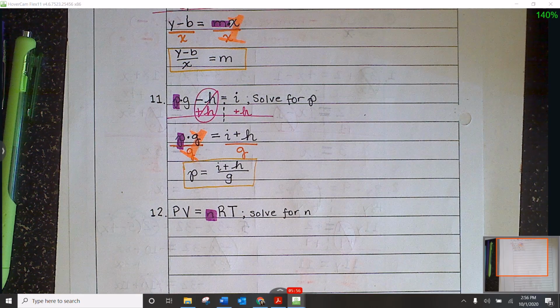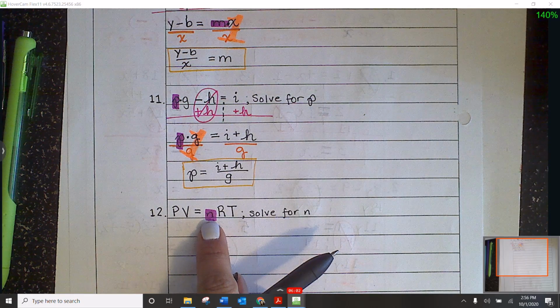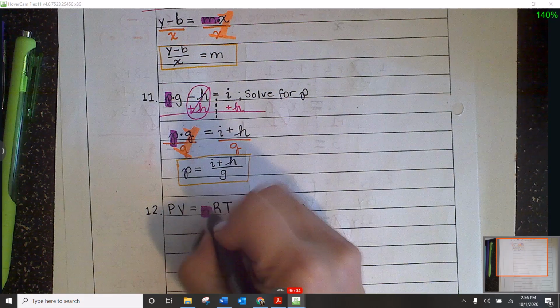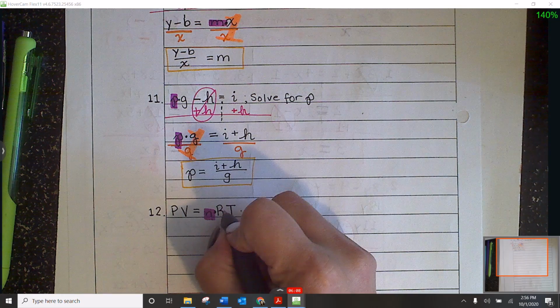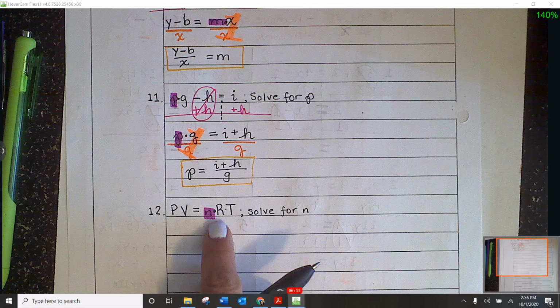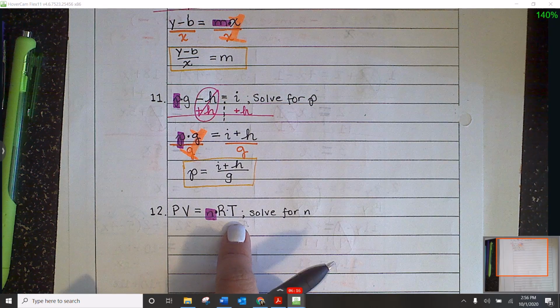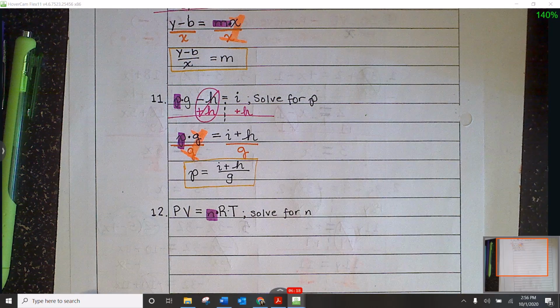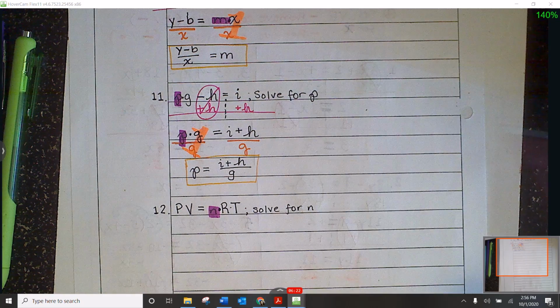Now, this one actually isn't as bad as it looks because n is being multiplied by r, which is also in fact being multiplied by t. The thing is that just to get my n alone, it's just being multiplied by that r and t. So in that case, I don't have to add or subtract anything, so there is no pink step.